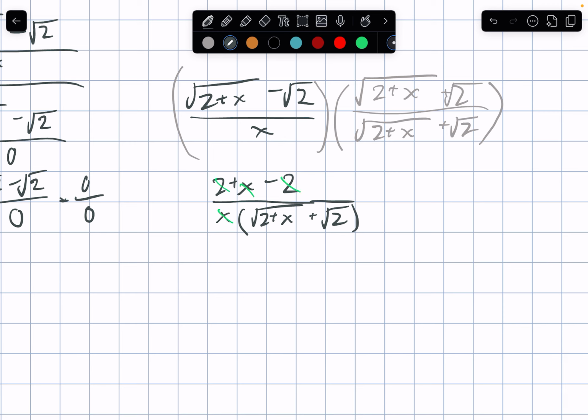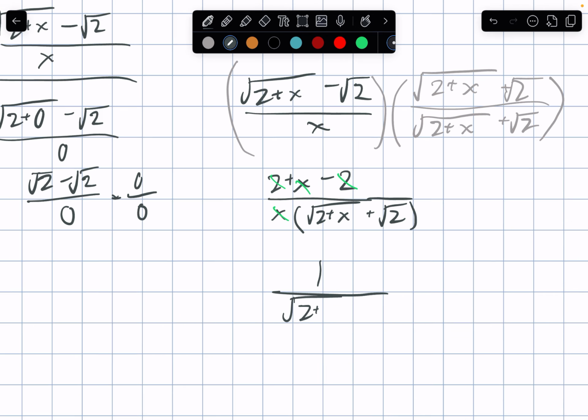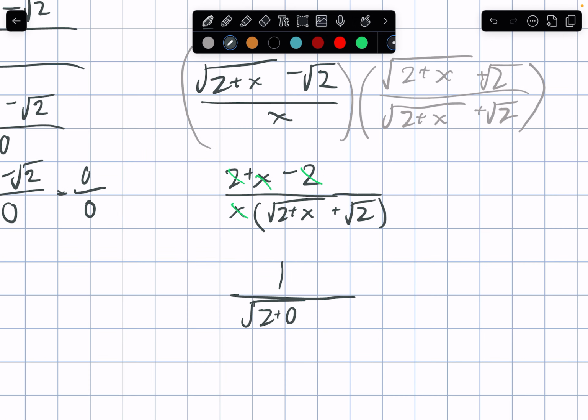These two values would also cancel. So what is our x value? 0, right? So yeah, the answer is going to be this.